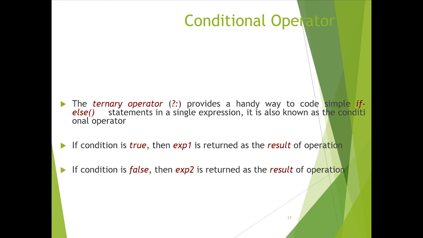If condition is false, then expression 2 is returned as the result of the operation. Typical if-else statement, which can be nested to accommodate a chain of conditions. When we say nested, it means there will be a conditional operator inside the conditional operator.